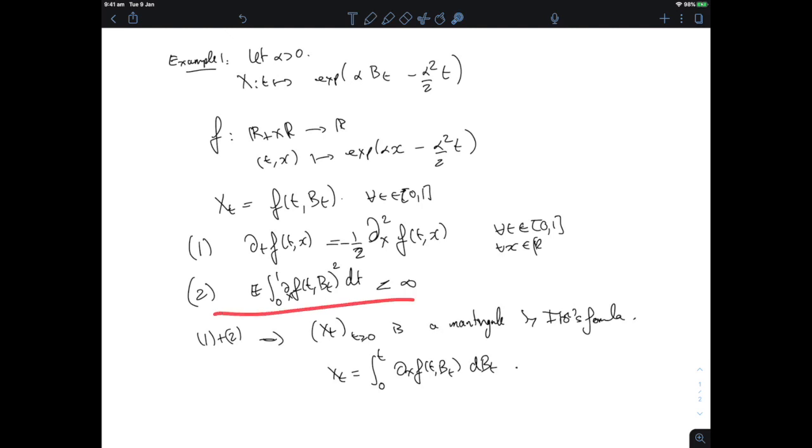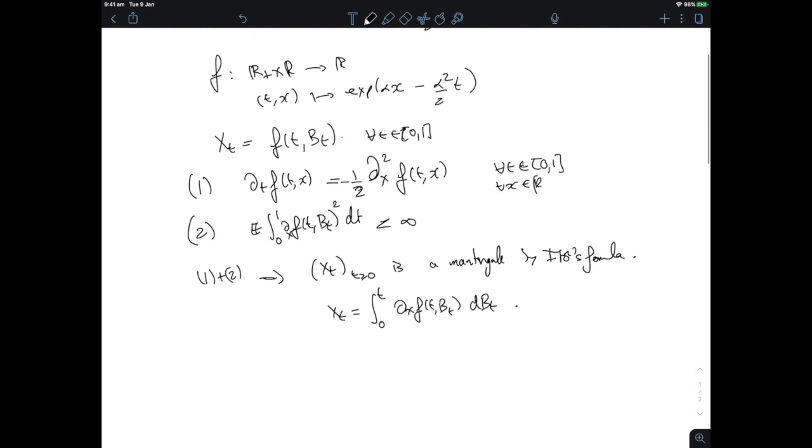Property 2 guarantees that this is in H2, and property 1 guarantees this equality because the other terms in Ito formula cancel each other thanks to property 1. So we have to prove 1 and 2, and we could deduce from 1 and 2 that X_t is a martingale with respect to the Brownian filtration. Okay, so these are two fairly concrete things to check.